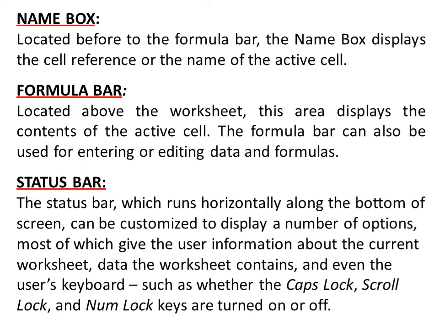Next comes status bar. The status bar is the long horizontal bar which is present at the bottom of the screen, and this status bar displays several options like caps lock, scroll lock and number lock, and it shows whether they are turned on or off.